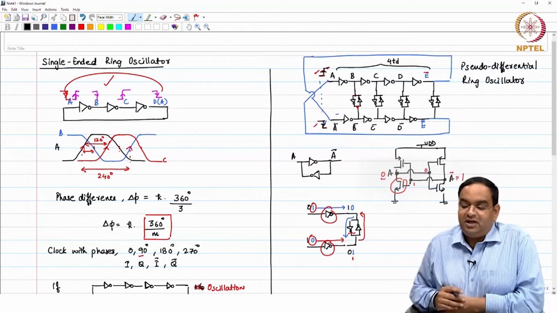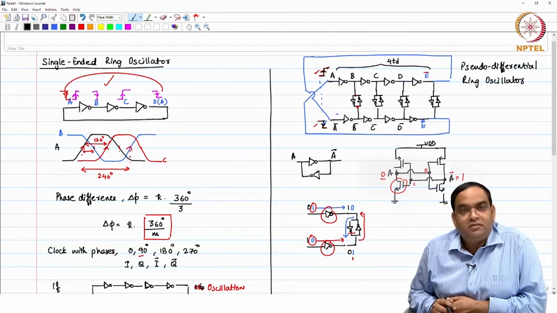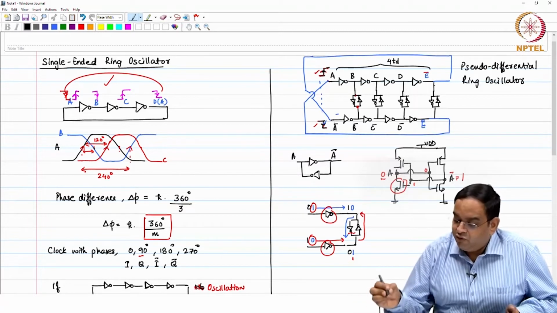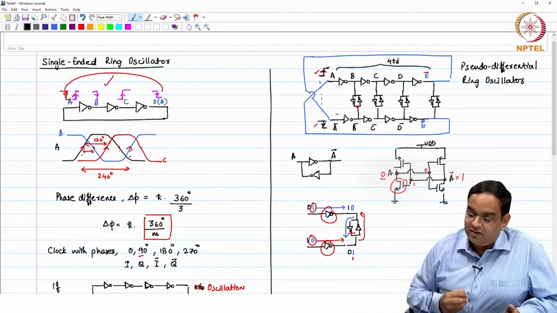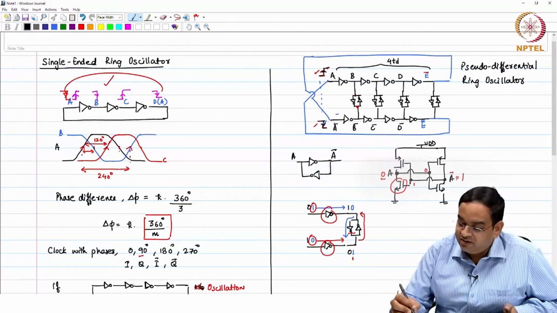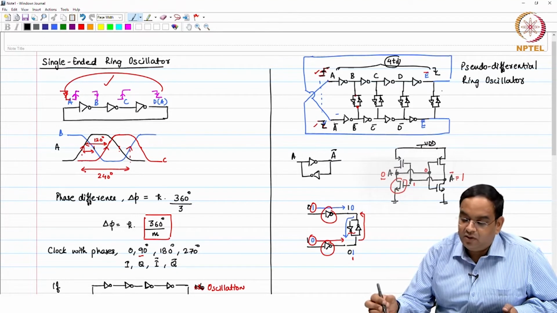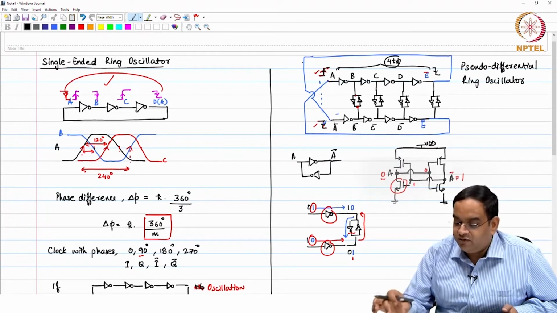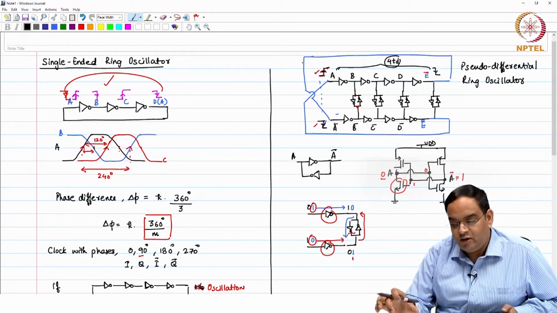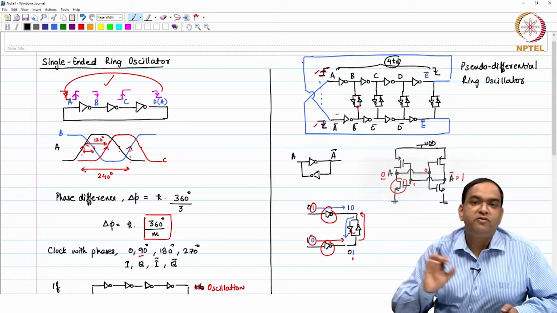You get phases which are inverted. Okay. So, if you try to find the phase relationship between the nodes A, B, C and D, what we are saying is that after 4 Td delay here, your output clock is inverted, that is, you have a time period of T by 2, or 180-degree phase.